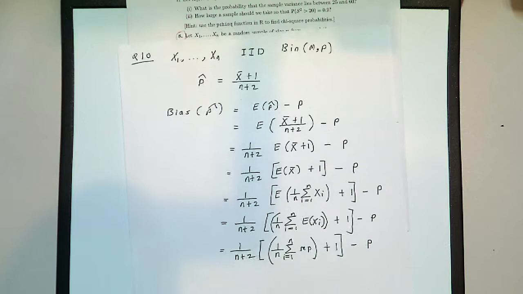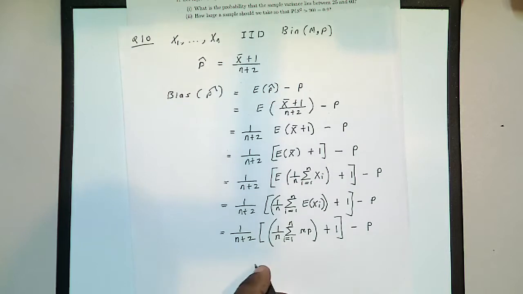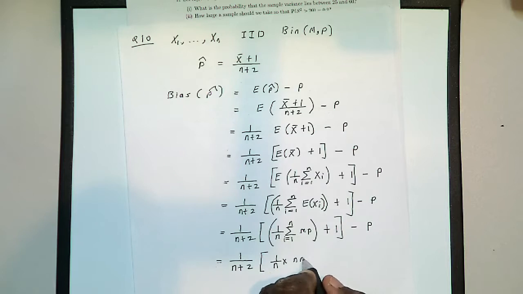Are you with me, guys, so far? Are you guys okay? Now m times p is a constant with respect to i, so the sum of it is going to be n m times p.